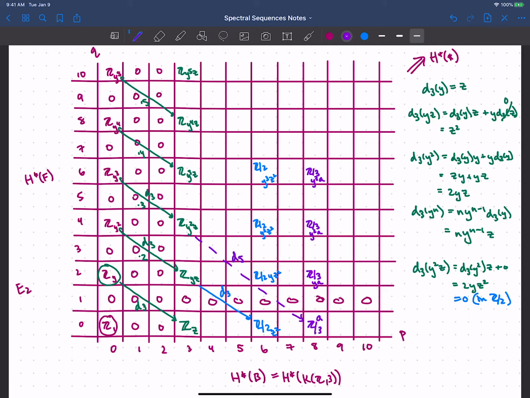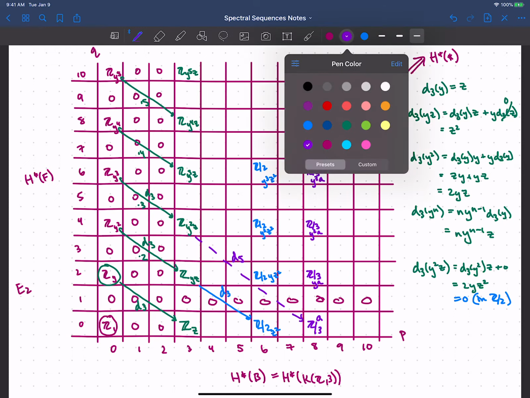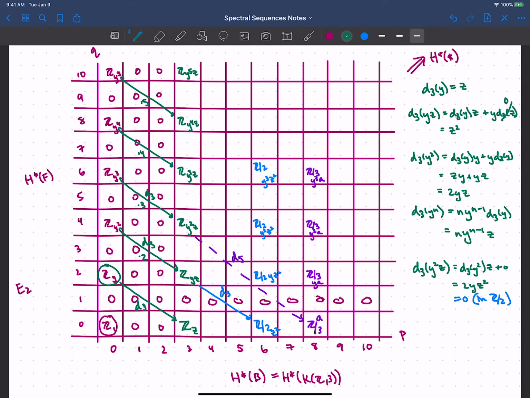And so what I'm going to have to do is scroll back and forth to the next page or maybe erase some things. But let's see. Maybe I can at least fit one more in here. So let's go back to our D3 and look at this next spot.